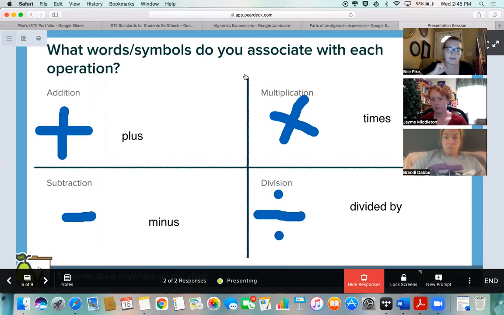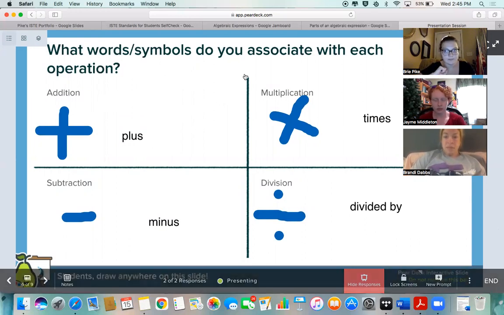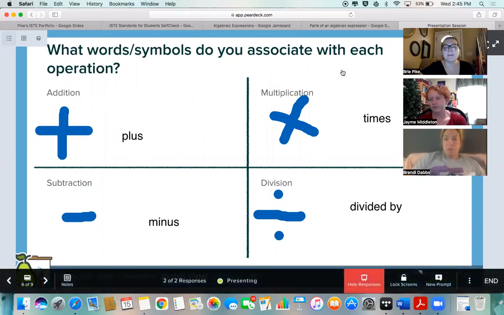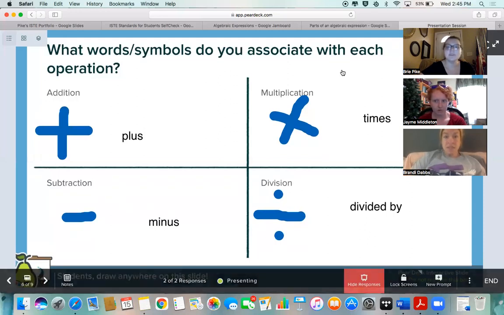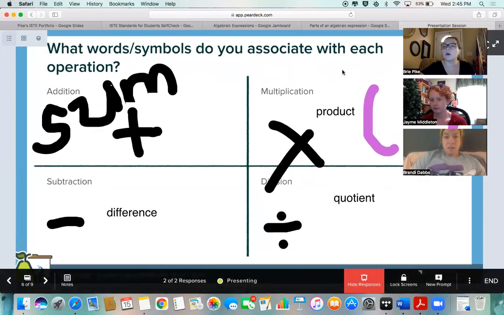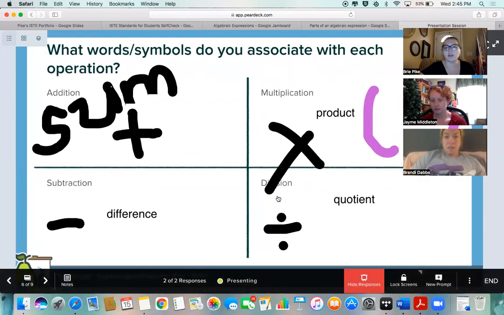What would taken away be? Subtraction. Okay. Right? Or what if I said half? Division. Division, right? So you might see so many different words or terms that are all going to mean one of the four of these.